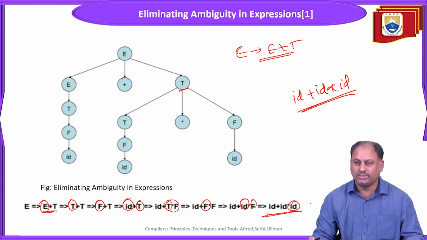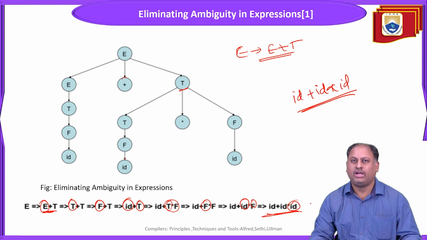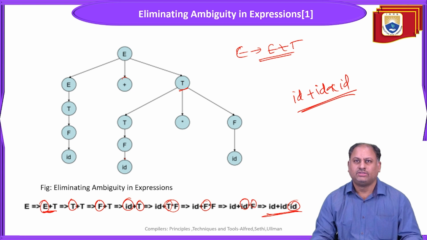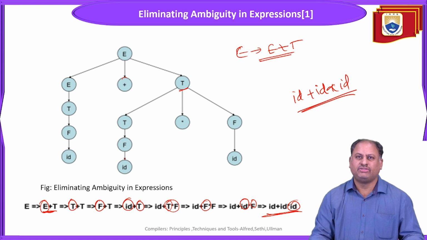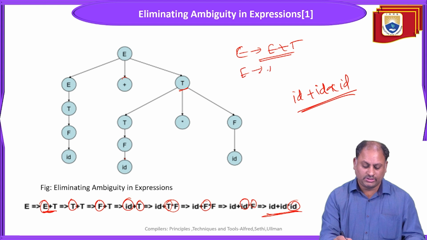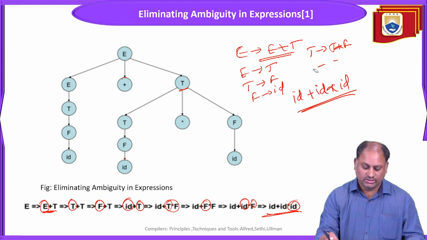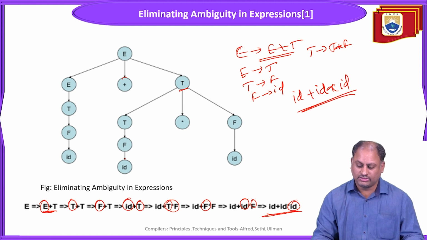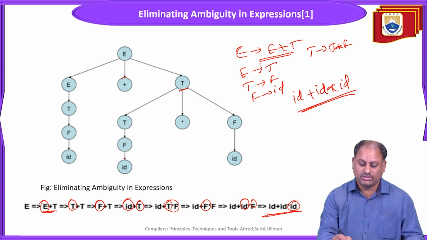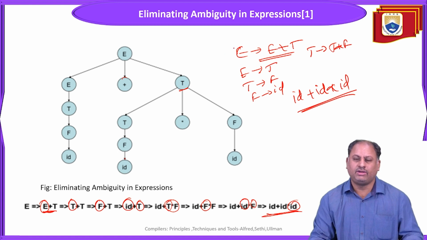So the final string is ID plus ID star ID. These are the production rules supplied for the given string generation of the parse tree.